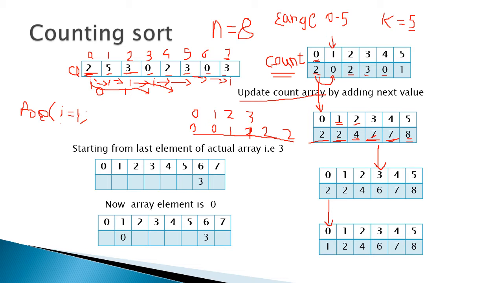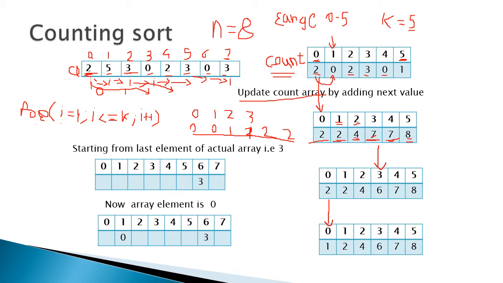That's why i equals 1, and the terminating condition should be i less than or equals to k, that is the range from 0 to 5. That's why i less than or equals to k, and then i plus plus. And then how do we update this array?